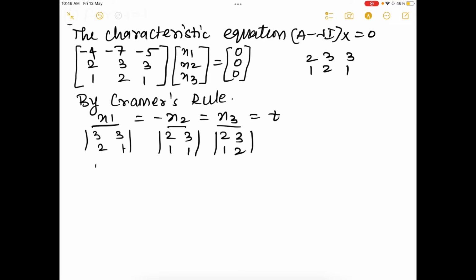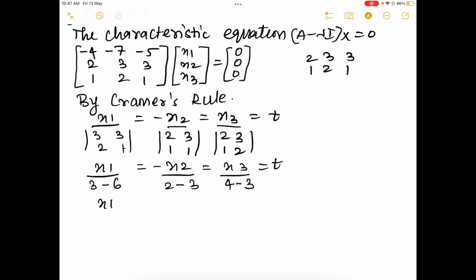Now we solve the matrix. What do we get? 3 minus 6, 2 minus 3, 4 minus 3. This will again be equal to t. So for x1 I get minus 3, for x2 I get minus 1, and for x3 I get 1, and this is equal to t.